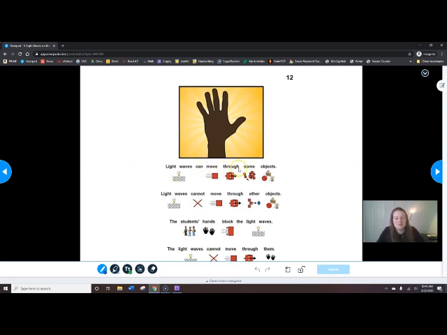Light waves can move through some objects. Light waves cannot move through other objects. The students' hands, when they cover their eyes, block the light waves. Light cannot move through them. So there's lots of different things you can look at to see if light goes through. So here I have a glass container for my pens.